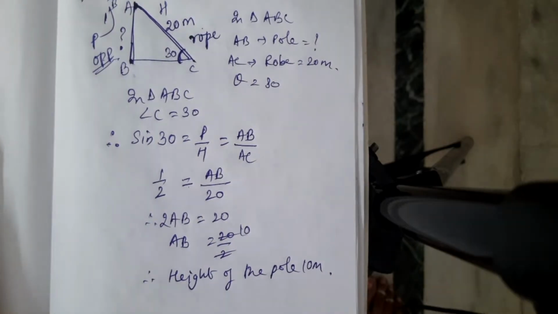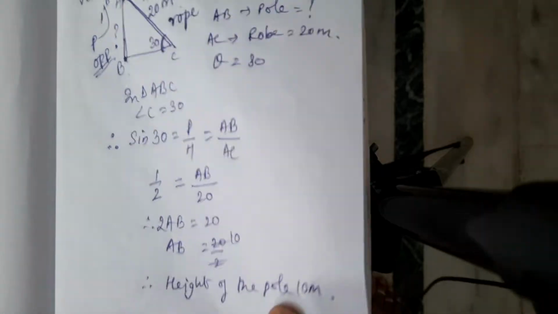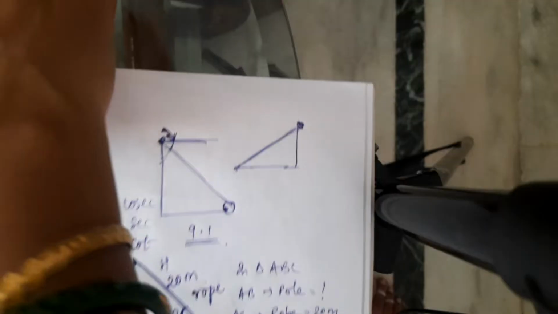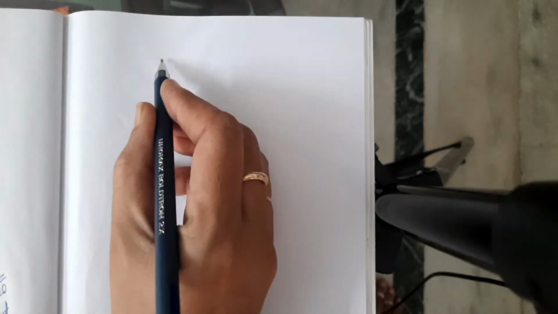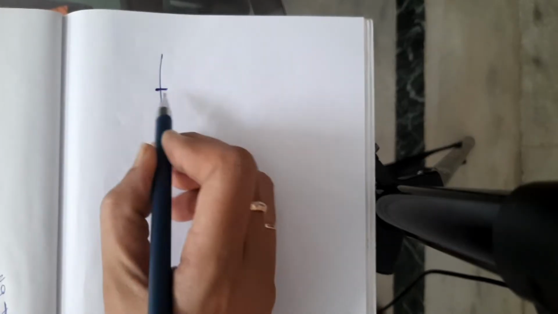Let's move with the second question. Second question is very interesting. In the second question, they have given that there is a tree which broke due to storm. So here a tree is there which is broken due to storm, and the broken part touches the ground and makes angle 30. Let us consider this to be a tree and it has broken.